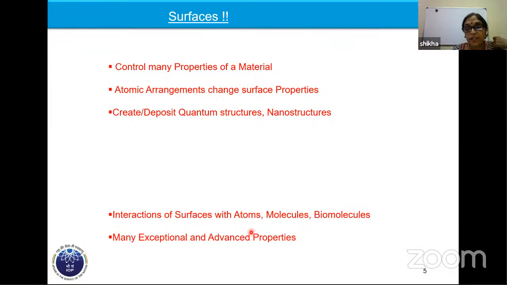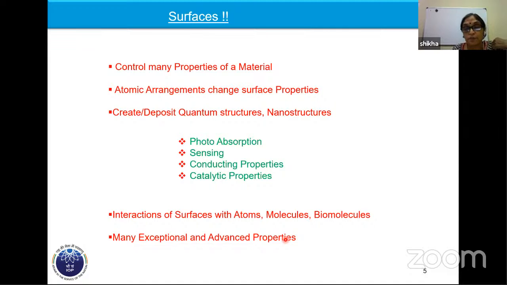And these all together, they show many exceptional and advanced properties. Some of the properties can be in the field of photoabsorption, photocatalysis, sensors, IV characteristics, conducting properties, resistivity properties, catalytic properties. These are some of the applications which have extreme technological importance in our everyday life.